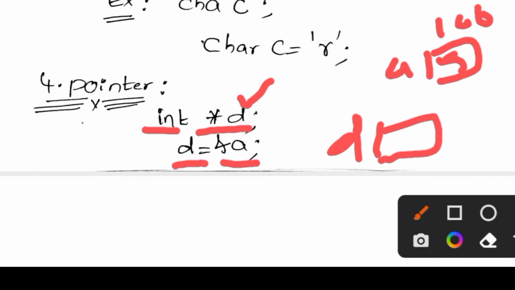The address of a is 100, so 100 will be stored in the d location. How do we give an address? By using one operator, that is the ampersand symbol. Through this ampersand symbol, we can give the address to another variable. Here the address of a will be stored in the d location.